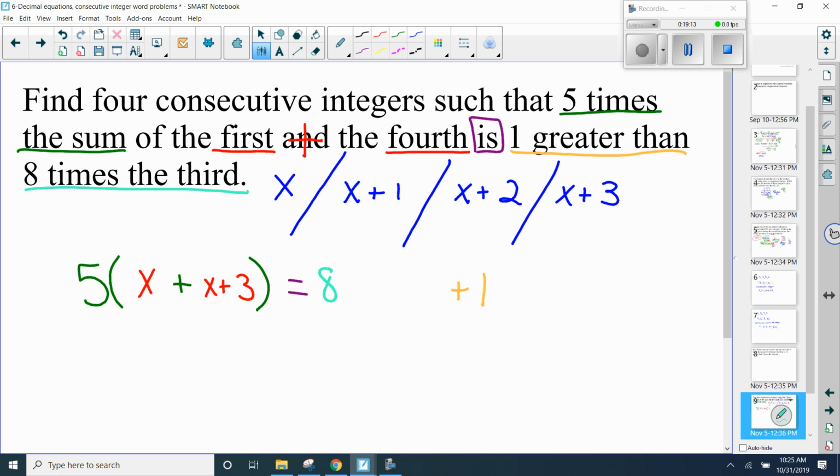So I have 8 times, what's your third? First, second, third, x plus 2. 5 times the sum of the first and the fourth is 1 greater than 8 times the third.